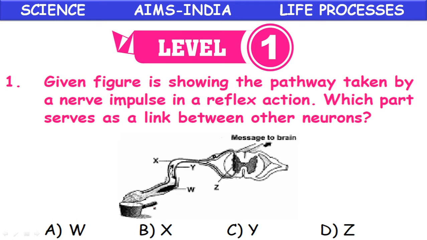Receptor cells, sensory neuron and associated neuron are there. So the associated neuron, part Z, acts as a link between the other neurons, W and Y. So here the answer is D.